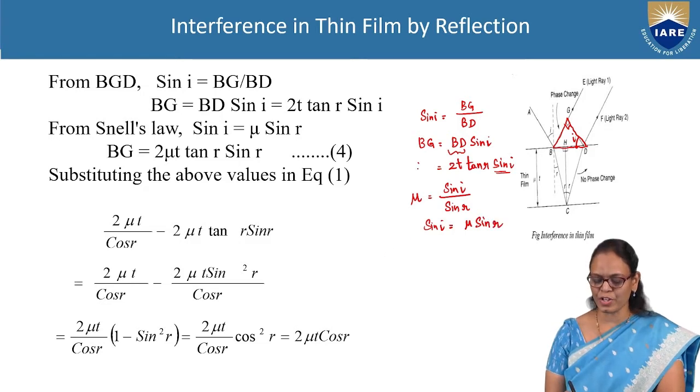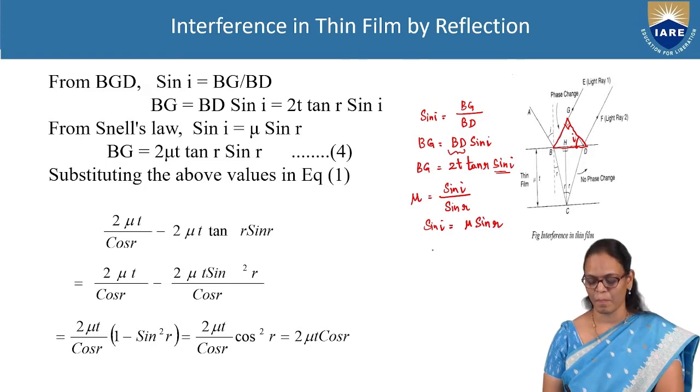So BG will be equal to 2t tan r into mu sin r, or we can rearrange and write it as 2 mu t tan r into sin r.